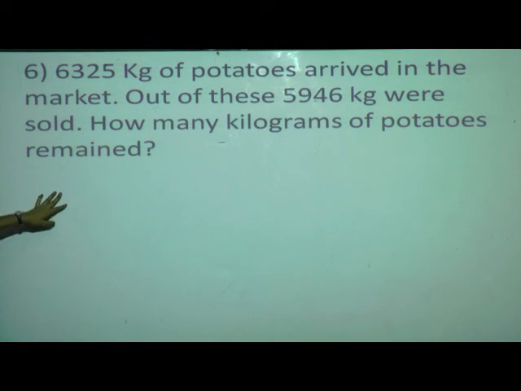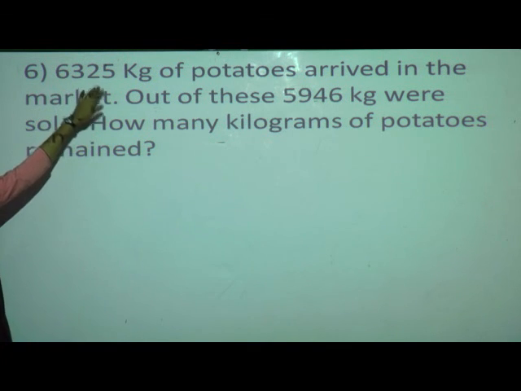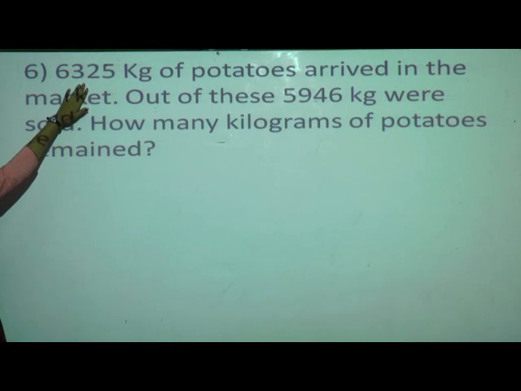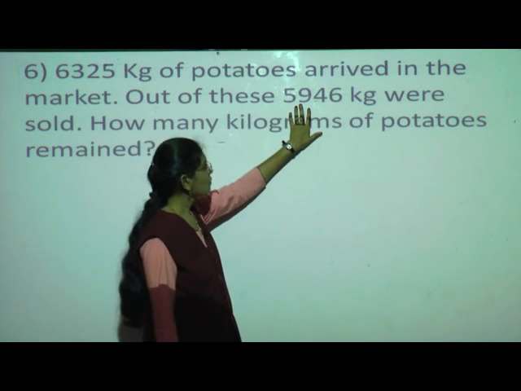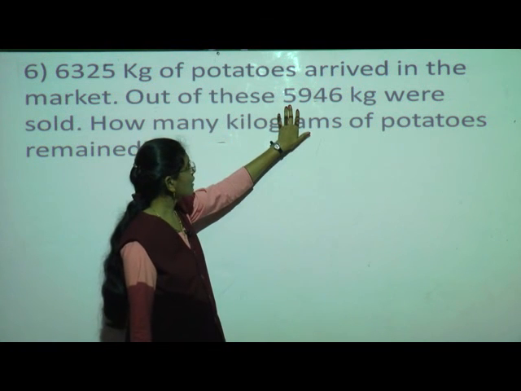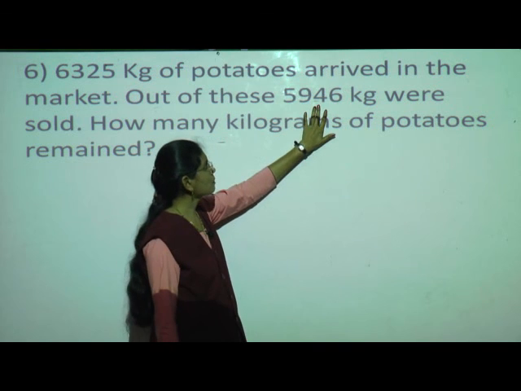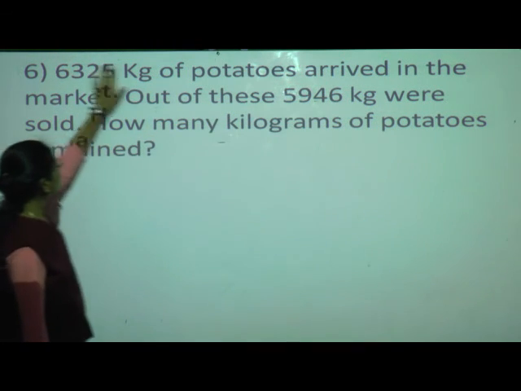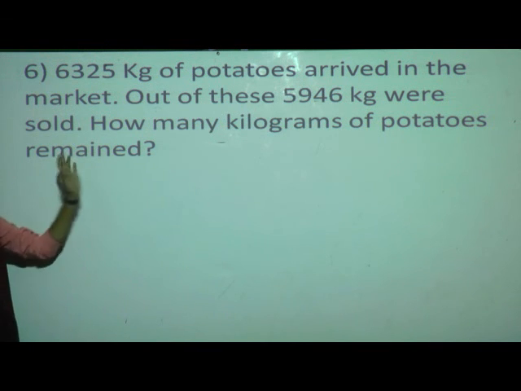So what you will do? Total number of potatoes, total weight of potatoes is 6,325. From this 6,325, if we will subtract the sold potatoes, weight of sold potatoes, what is the weight of sold potatoes? 5,946.